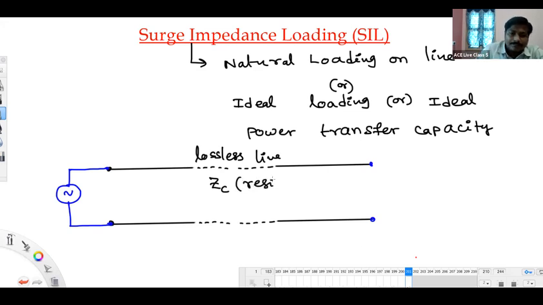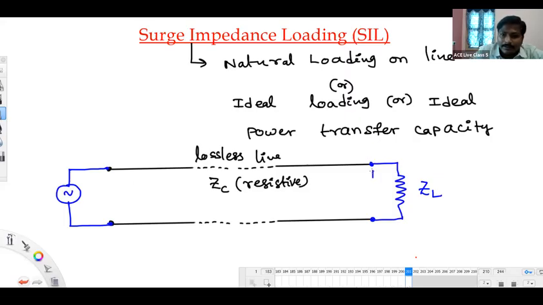See, the aim is to match the load impedance value equal to the surge impedance. So what is the nature of the load impedance we should select? That should also be resistive in nature. So that's why I will be keeping some resistive load here with a value ZL.